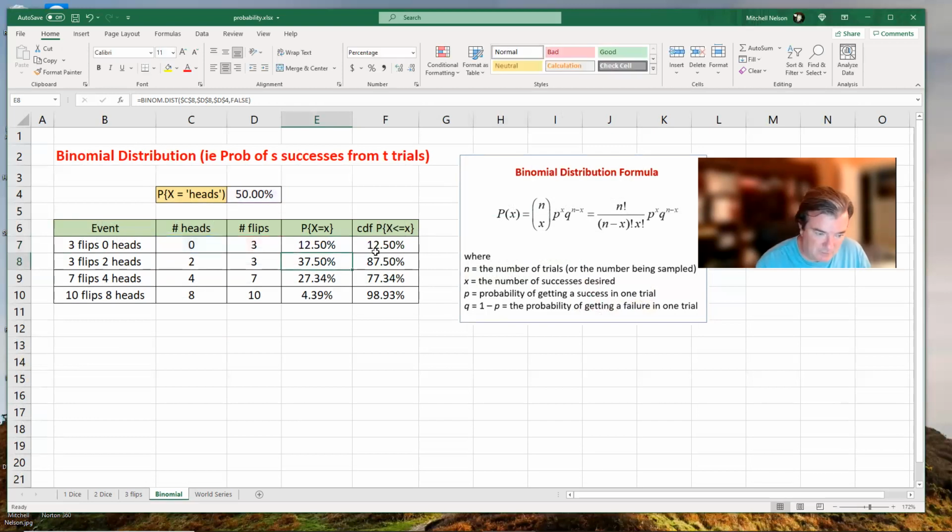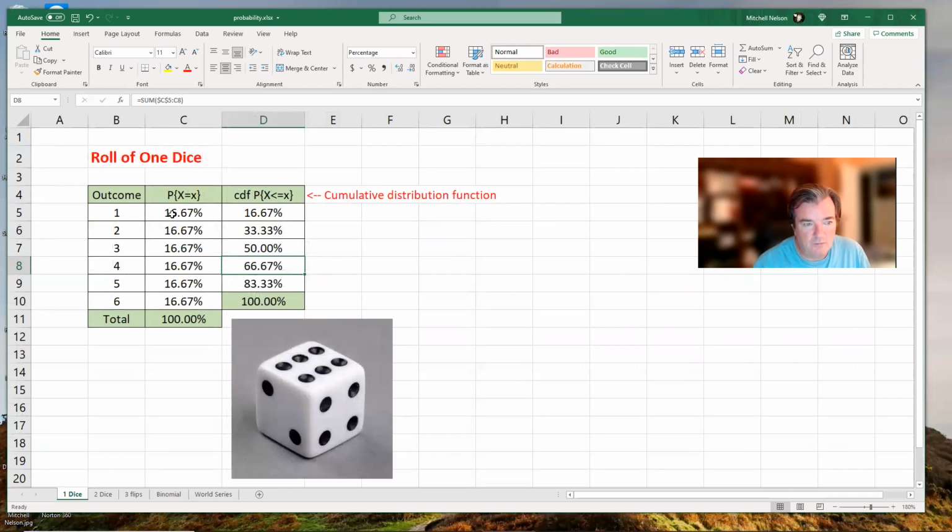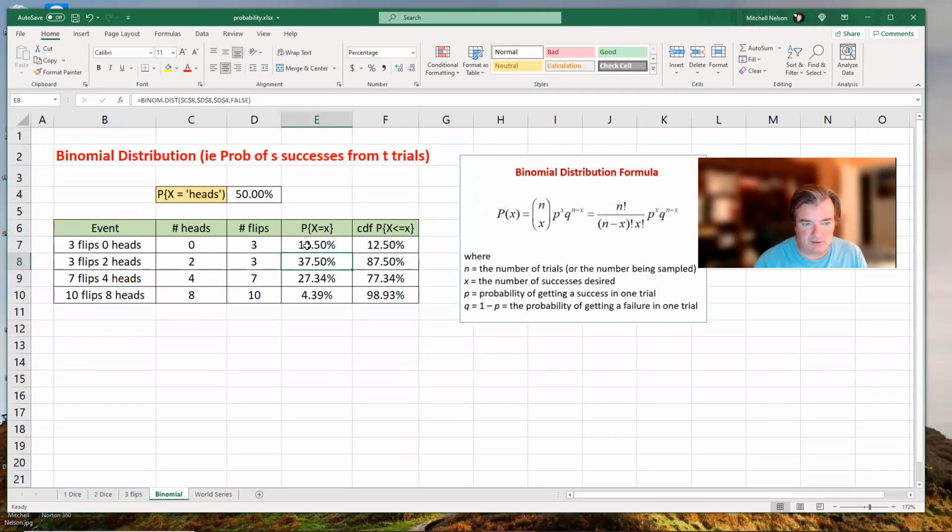So let me just go over, we did this before. We said, here's the probability, 50% is the probability of getting a 3 or less. I'm accumulating all the probabilities from 0 all the way up to 3. Here, I'm just calculating the probability of getting exactly a 3. This is 3 or less. So that's what this is.